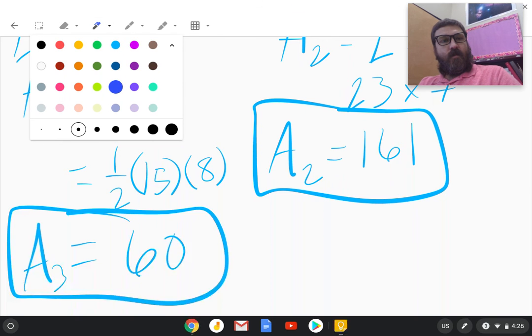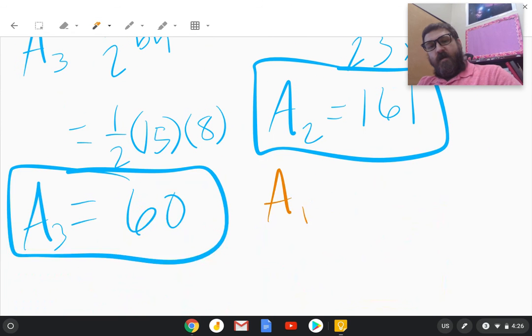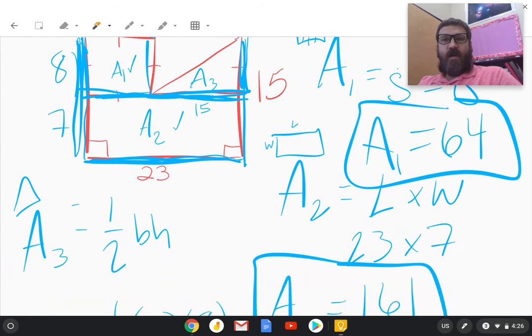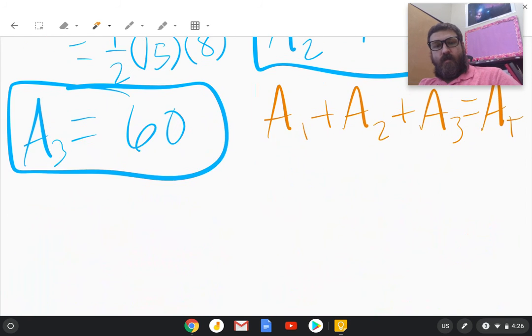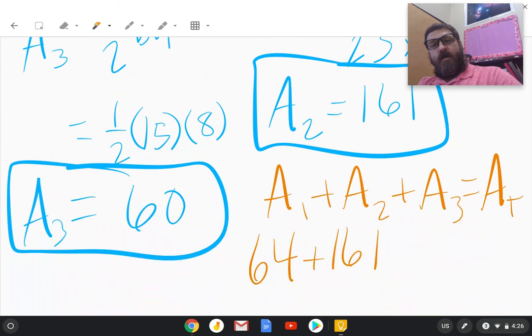All I have to do to find the total area is to do area 1 plus area 2 plus area 3, and that gives me the area total. Area 1 is 64. Area 2 is 161. Area 3 is 60.